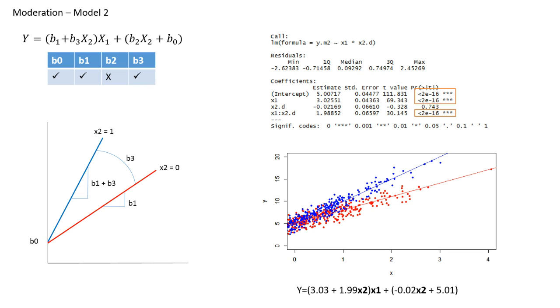On the right, the regression results show that the intercept was significant, x1 was significant, and the interaction, x3, was significant, and these are in B's, and then B2 was non-significant.